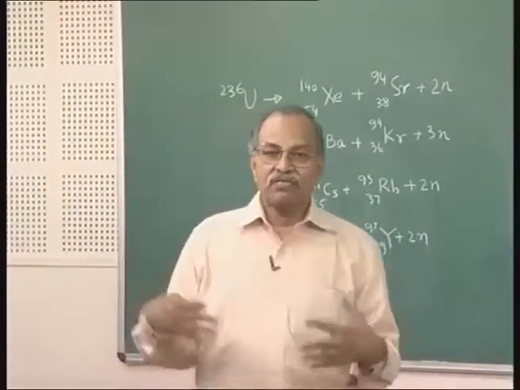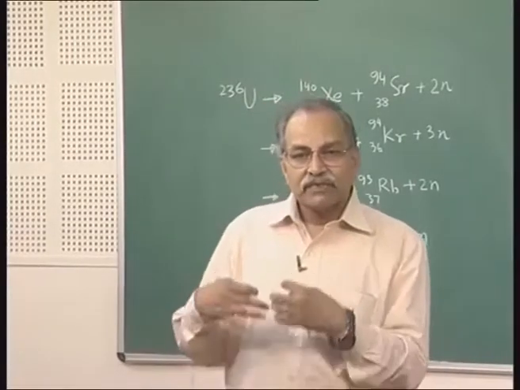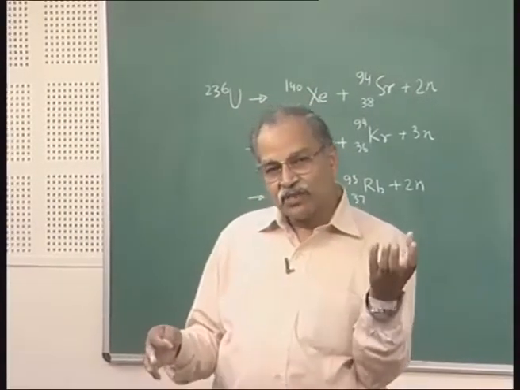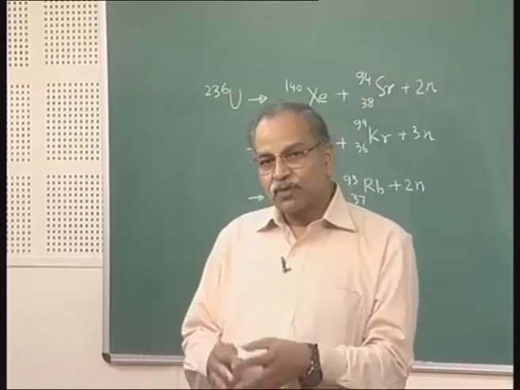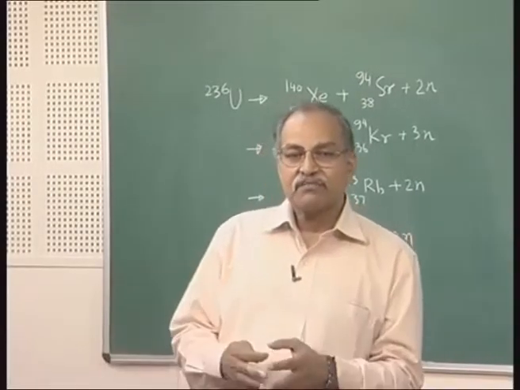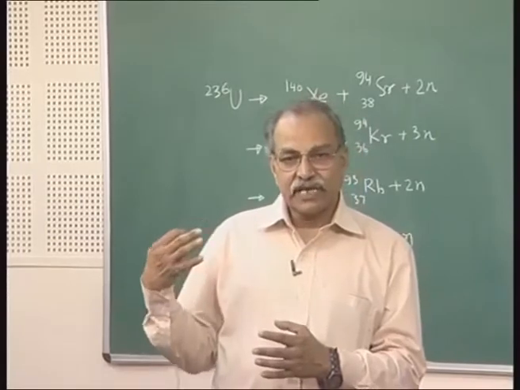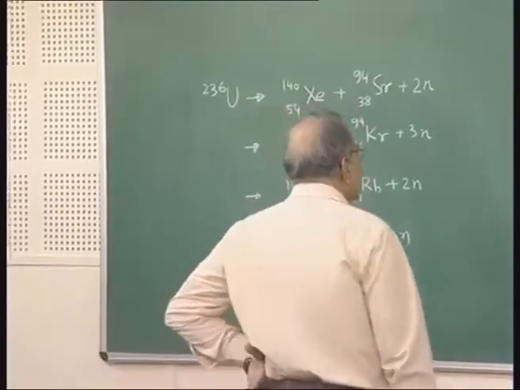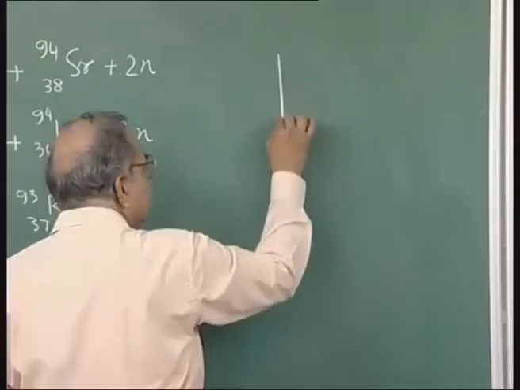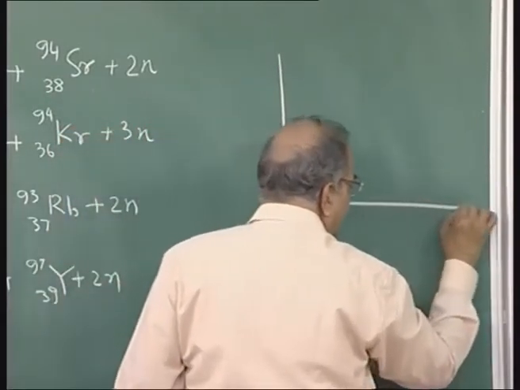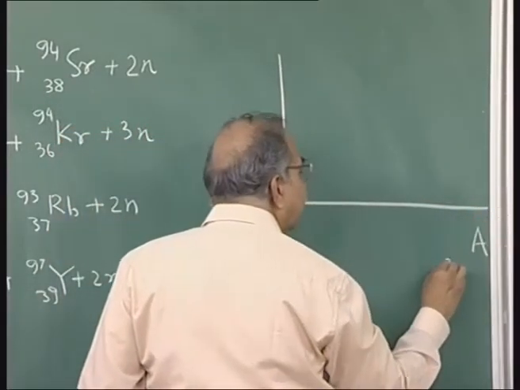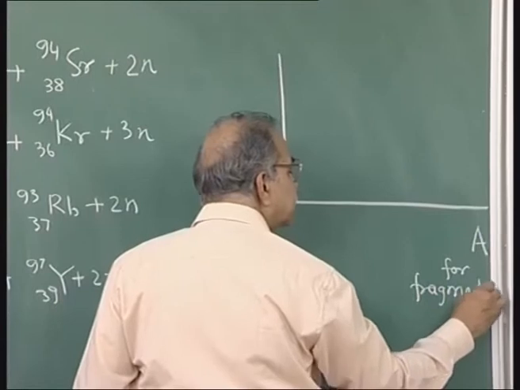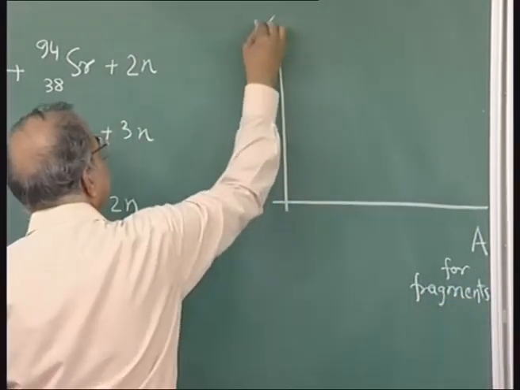So, if one looks at the mass numbers A of these products and what is the abundance in that reaction product, what percentage of the reaction product is strontium, how much is iodine, and so on, that plot can be made. And it turns out that this is a very asymmetric plot. So, here I am plotting A of fragments, and this side you can say percentage yield.